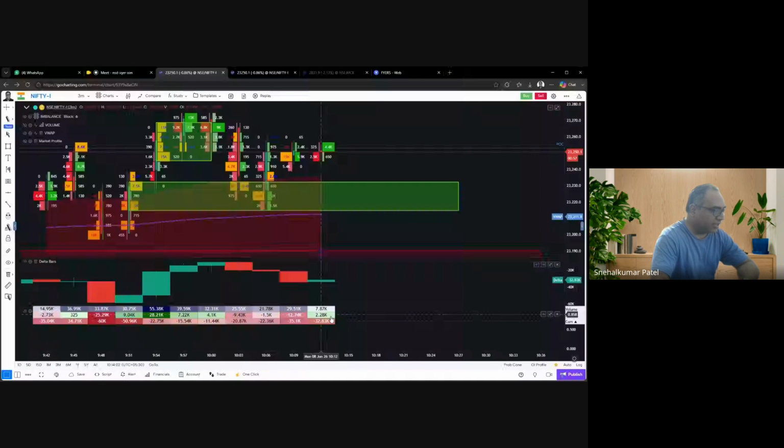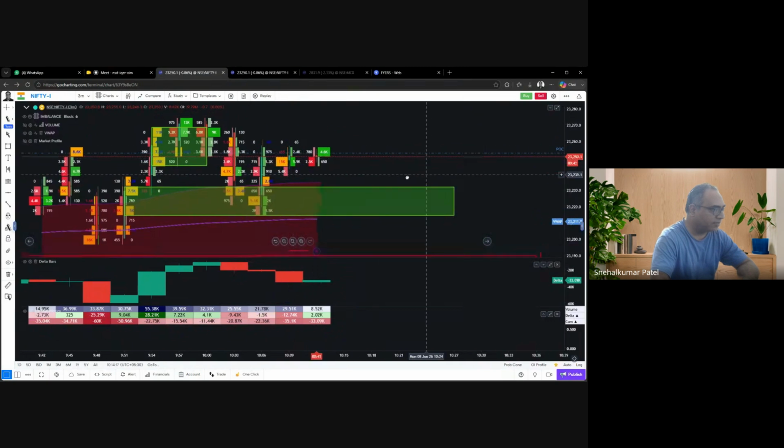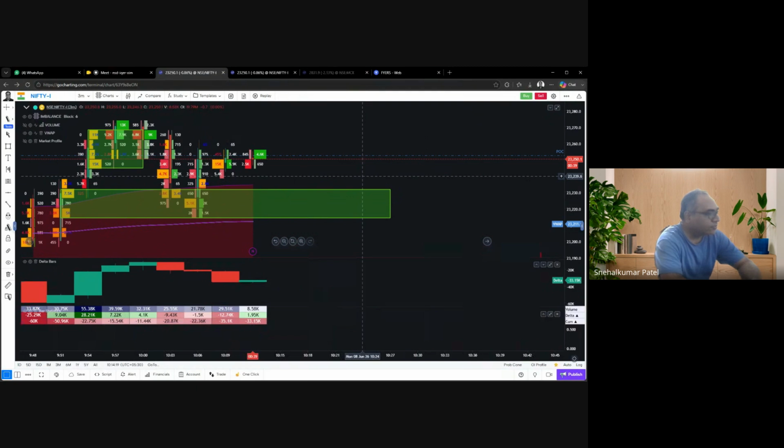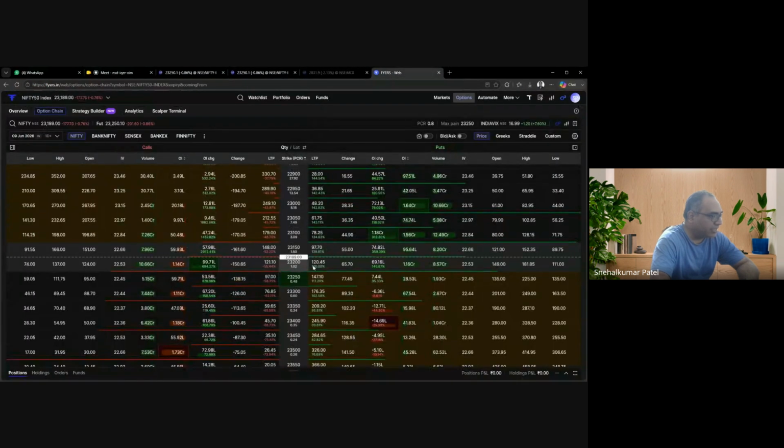Again, delta is positive in this candle, slightly positive, I would say. No imbalances have been seen. The last imbalance was on the sell side, so no clear picture yet. If you look at the option price, the 23,200 is now around the same price, like 122, that was there earlier.